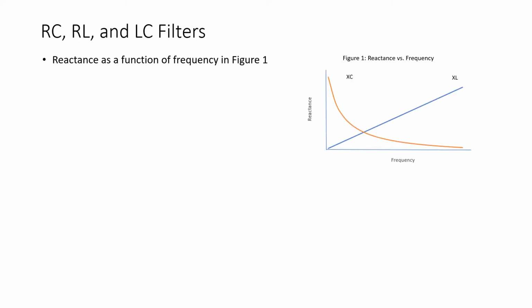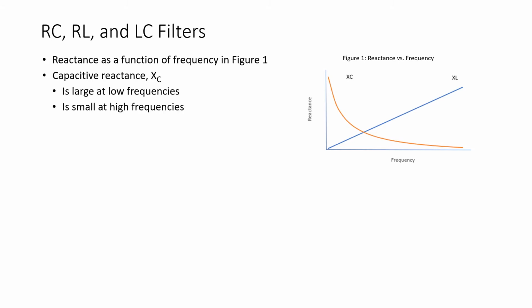Now, RC, RL, and LC filters, of course, are comprised of resistors, capacitors, and inductors. Figure 1 shows us the plots of X sub C and X sub L reactance as a function of frequency.